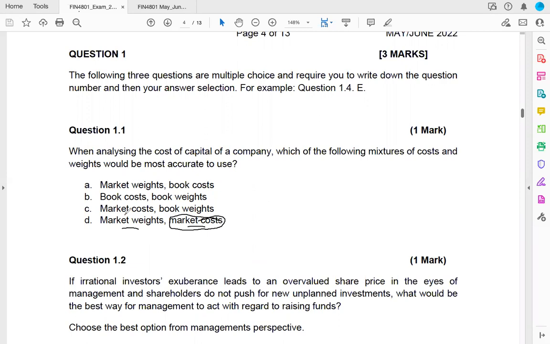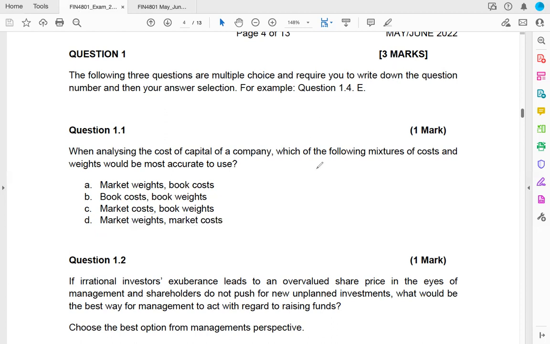It also tells us how much the finance that's been put into the company is worth. For example, should the company go into liquidation, what is the value of the company?